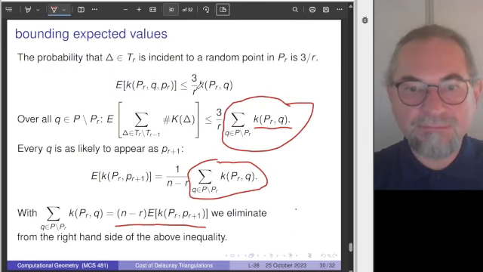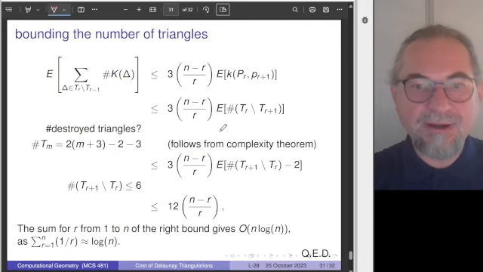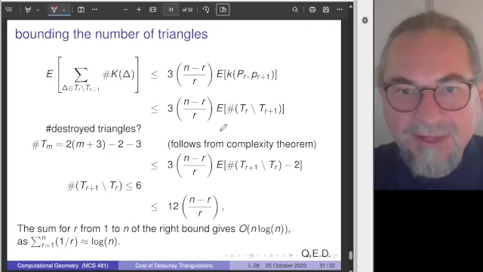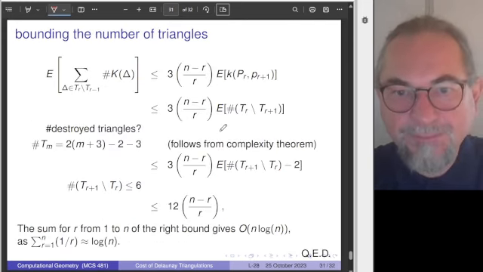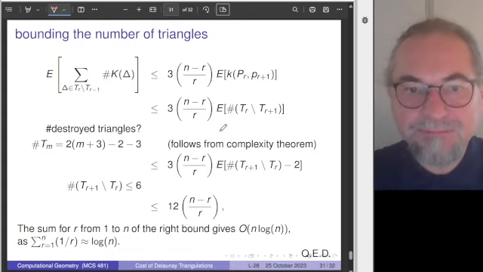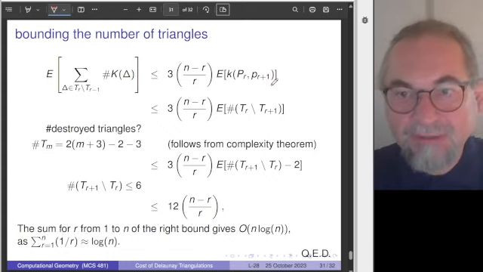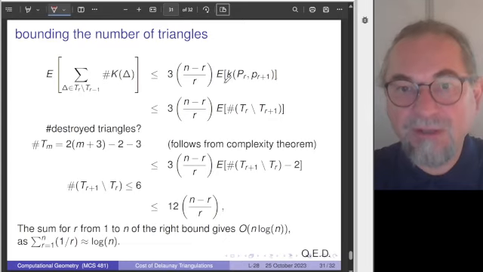And so I have the n minus r that is over here, and I'm combining the 3 over r. So that's how I get the 3 times n minus r over r. And then I have the expected values of the next point here with the little k.